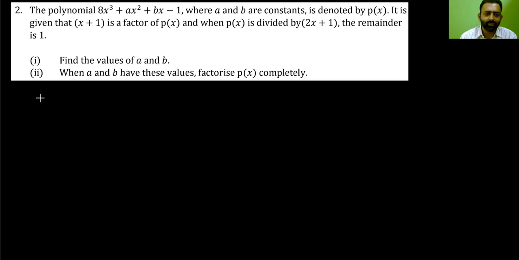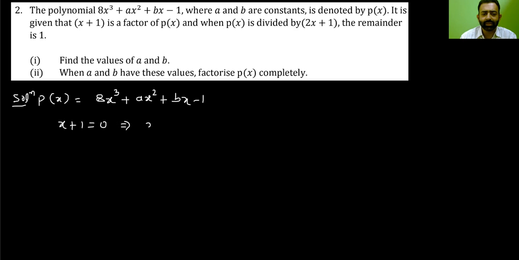Okay, so if I write the solution, p(x) is 8x³ + ax² + bx − 1, right? So x + 1 equal to 0 means x equal to −1. This was the method that I told you in our lecture.